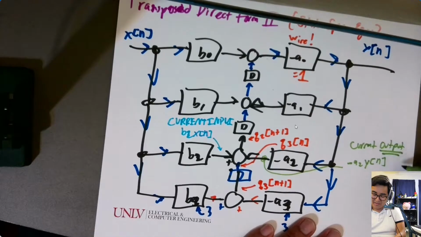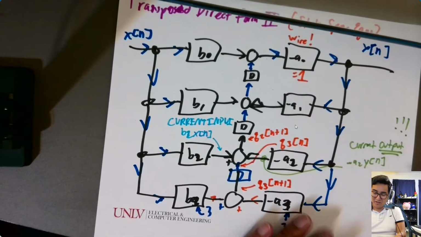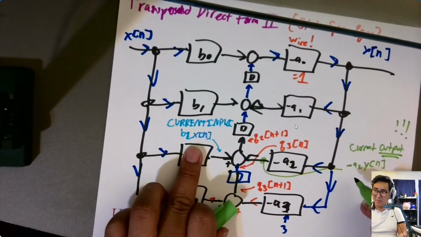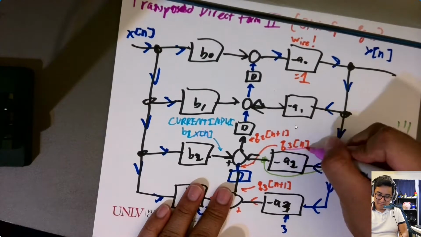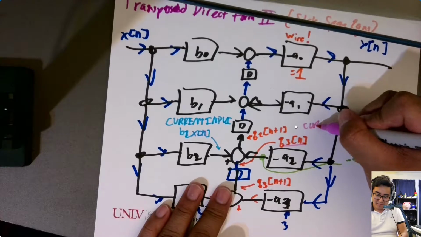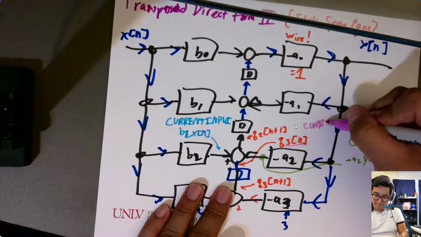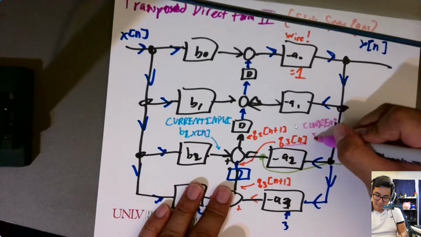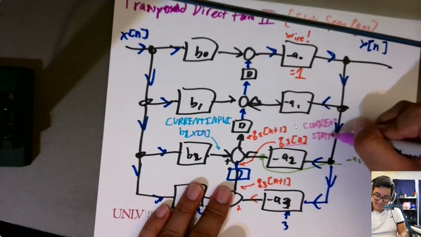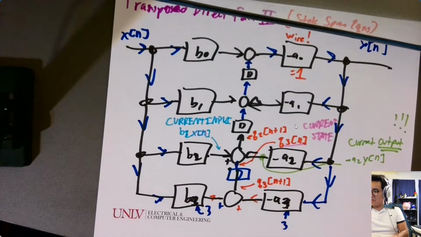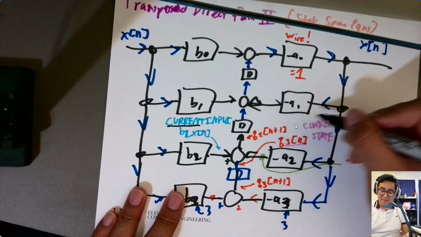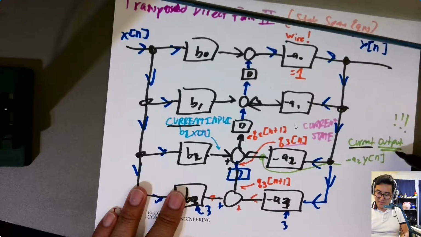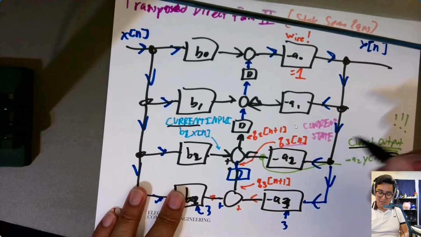But this right here is something I have to tackle later on. We have a current input, we have a current output, and then we have a current state. I underlined this for a reason we'll tackle later.